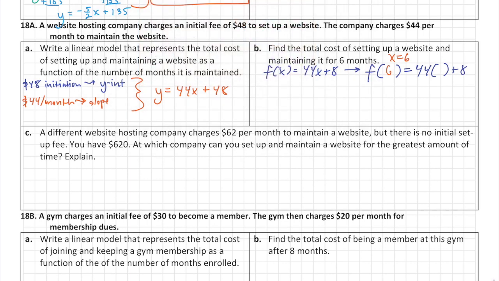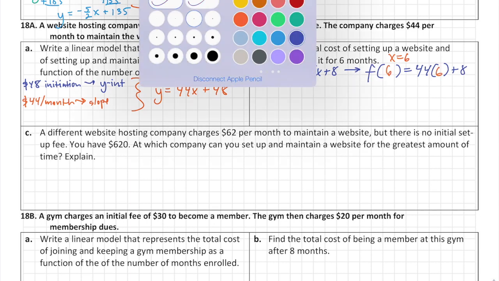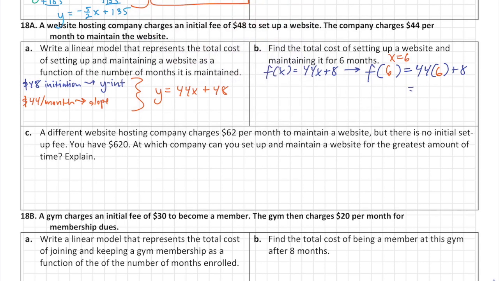I've got 44 times 6 is 264 plus 48. Oh, this should be a 48 here too. This is going to be equal to 312. So it would be $312.